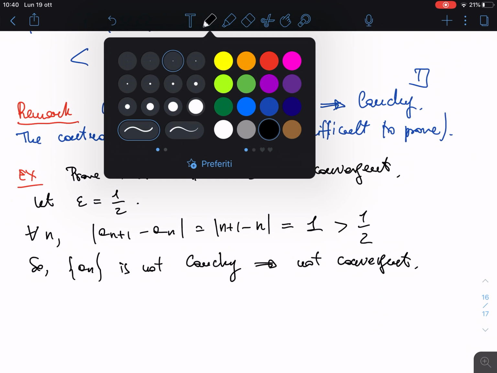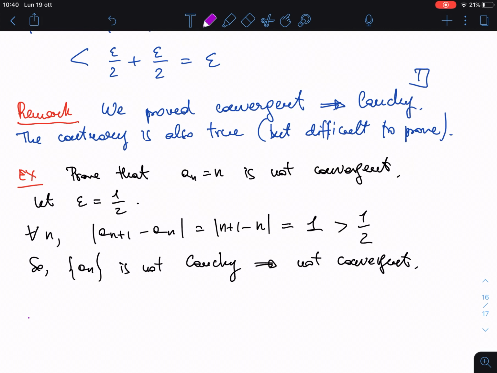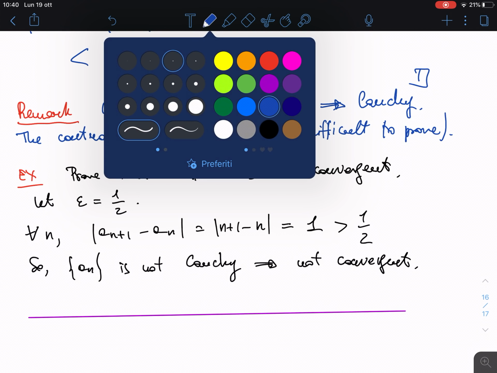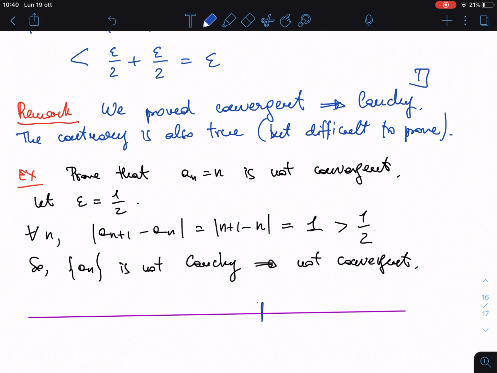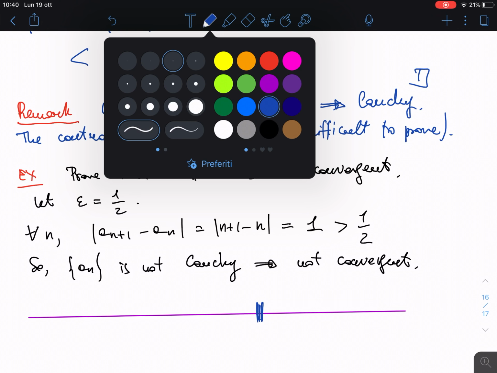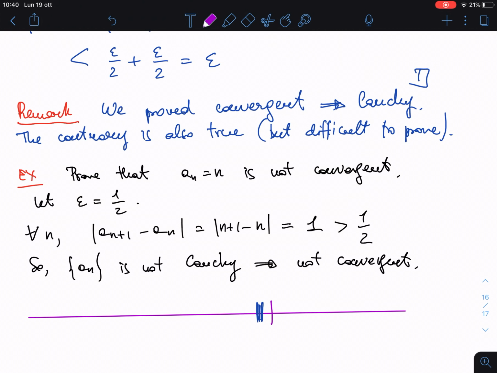Basically, the idea of a Cauchy sequence is that sooner or later, the elements of the sequence tend to concentrate, one near to the other. It is clear that if the sequence is convergent, since elements of the sequence eventually accumulate around the limit, it is clear that they accumulate among themselves too.